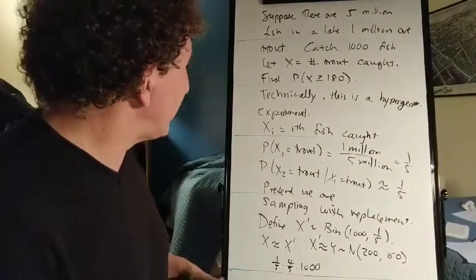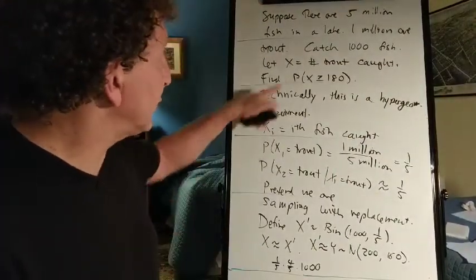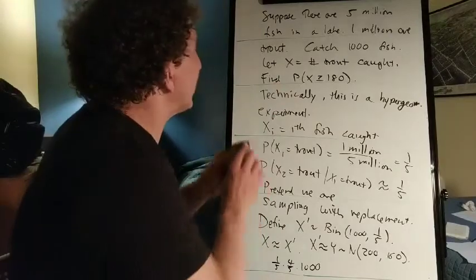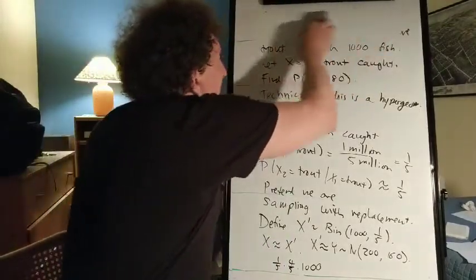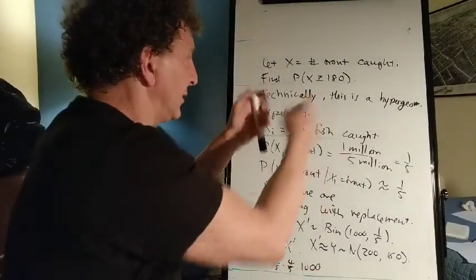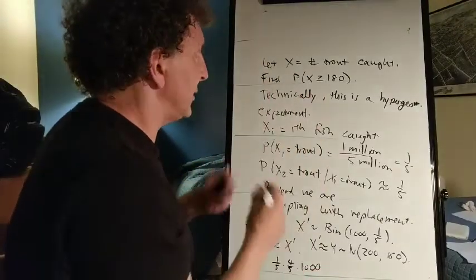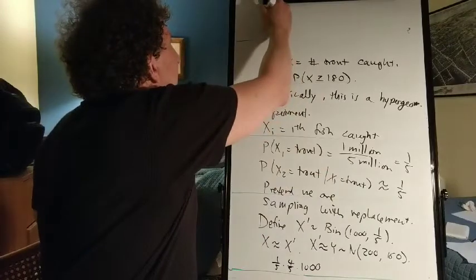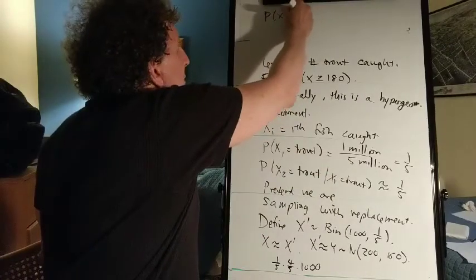Alright, now we want the probability that x is greater than or equal to 180, which is the probability that y, a normal approximation, is greater than or equal to 179.5, lengthening this interval by 0.5 on the left side.